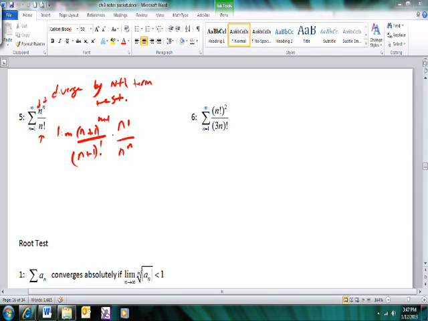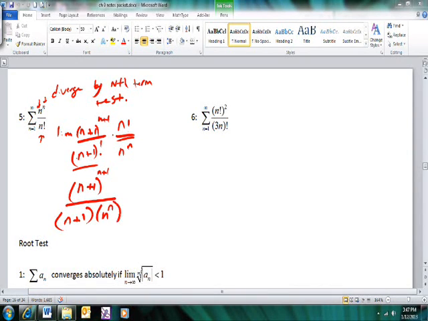All right, the easy part is the n plus 1 factorial and the n factorial. N plus 1 factorial, like we saw in the last problem, basically cancels out to be just an n plus 1 at the bottom.